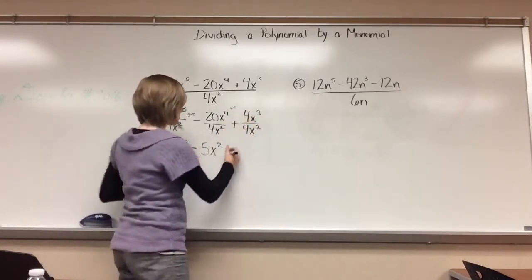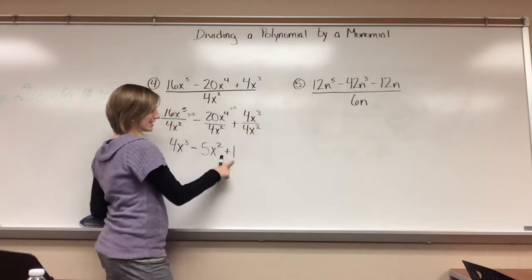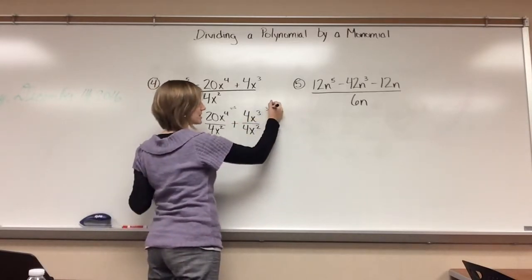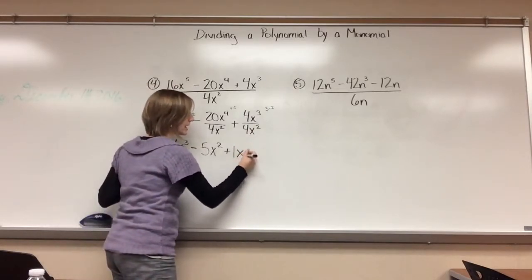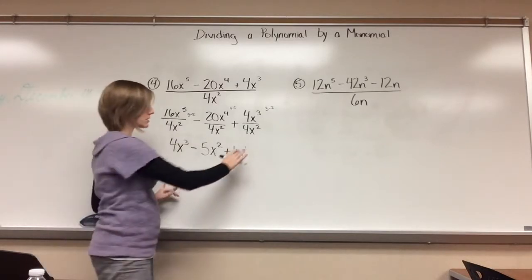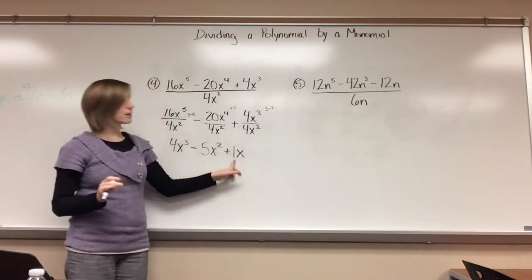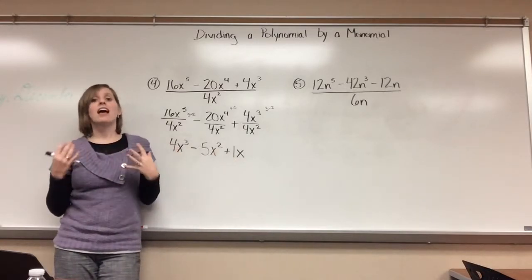Then divide the last. We have 4 divided by 4 is 1, and then subtract the exponents. 3 minus 2 is also 1. Remember when we get x to the first? That's the same thing as just x, so we don't need that. Also, notice my coefficient is 1. 1 times x is just x.